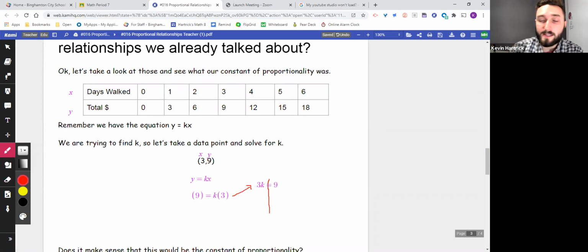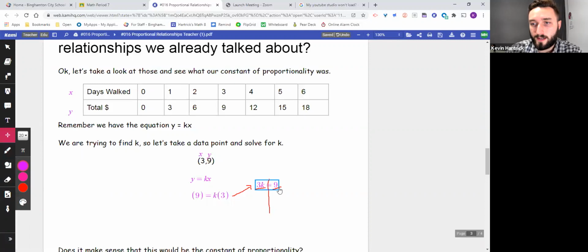Now, this is not always the case, but it is the majority of the time. So all that said, in order to find k, we have to divide by 3. The reason why is because I have this 3 times k. Remember, I want k equals something. I'm trying to find k.